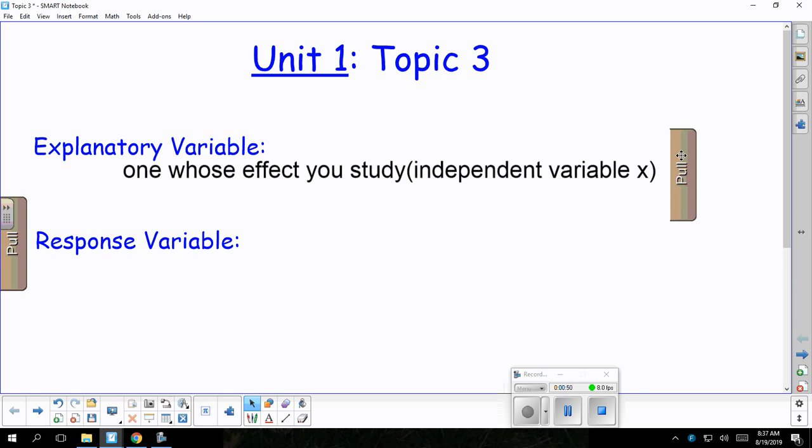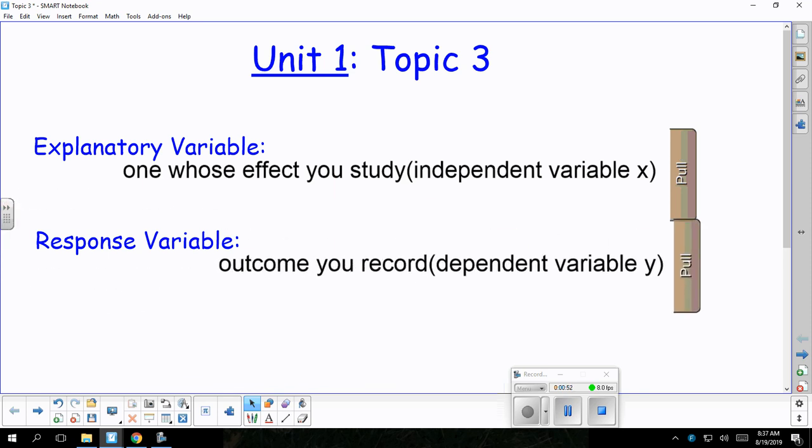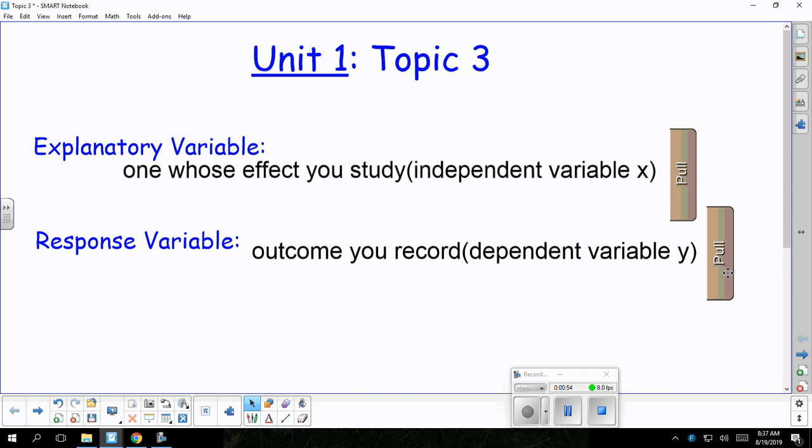And then the response variable, outcomes you report.